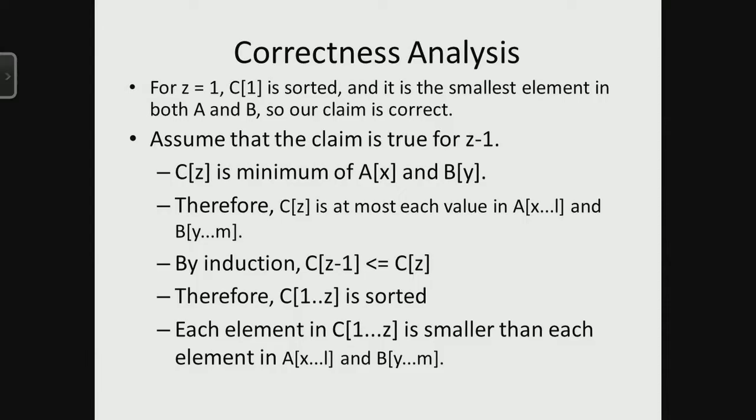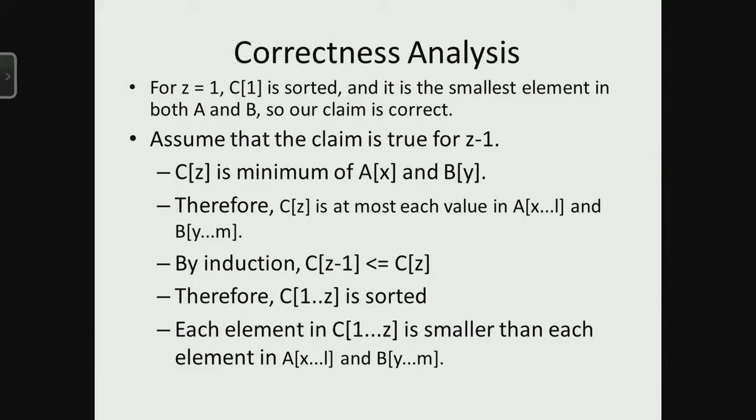By induction, we know that C of z minus 1 is indeed smaller than or equal to C of z. In other words, by induction C of z minus 1 is smaller than or equal to all the elements in the arrays A and B put together, and we have taken the minimum of all those elements and put them into C of z. Therefore, C of z minus 1 is smaller than or equal to C of z.